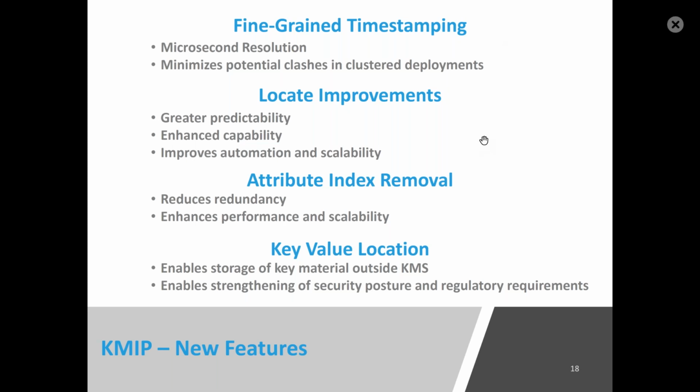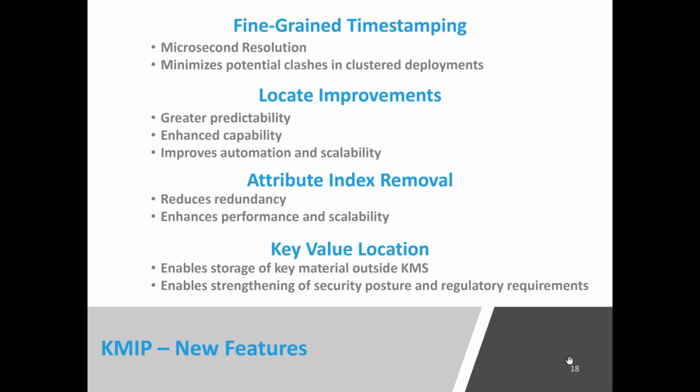What we have done is improved the way locate works in 2.0 to give more predictability in the way that results come out. When you're dealing with a large set of results, different vendors had different views on the order in which those results should be presented. What we've done is standardize on that, such that you know what's coming, you know the order it's in, and again, it breeds more predictable behavior.